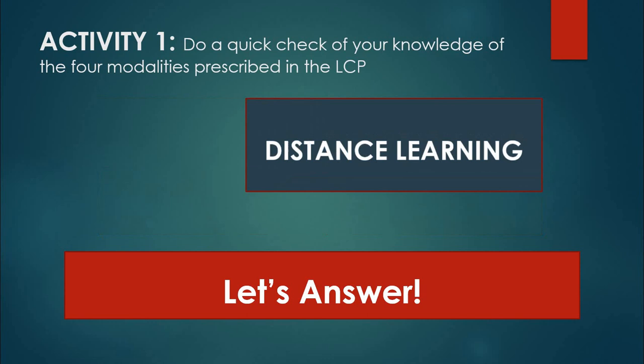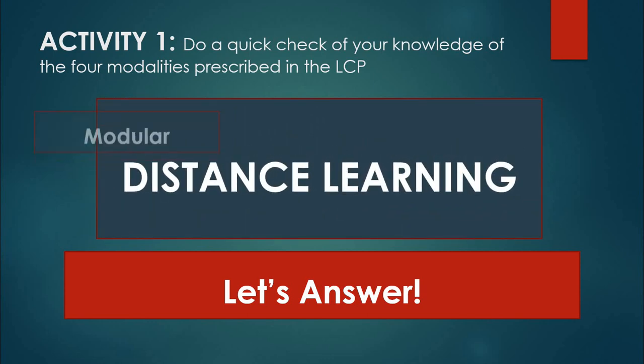How about distance learning? When we talk about distance learning, we have what we call modular. So what is the modular type of distance learning? This is simply giving a module packed with self-learning activities to our learners for them to learn at home. There are two types of modular learning delivery modality. It can be printed, where the hard copy is distributed to the learners, or digital.